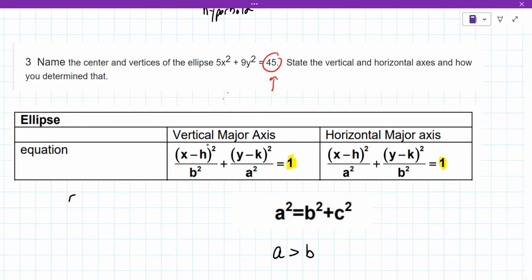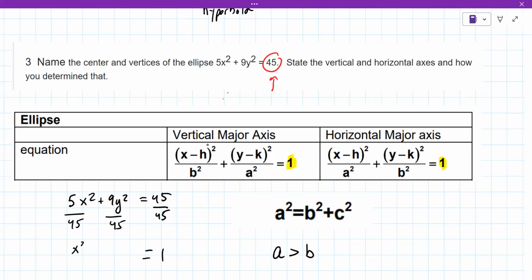All right, so to do that, you divide both sides of the equation by 45, because you really want a 1 on the right-hand side. Now you have it. All right, now 5 divided by 45 is 1/9.